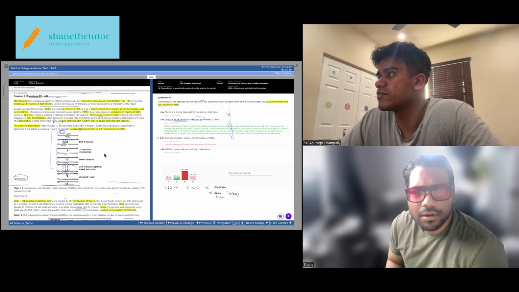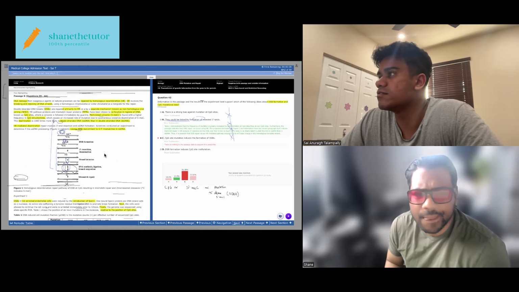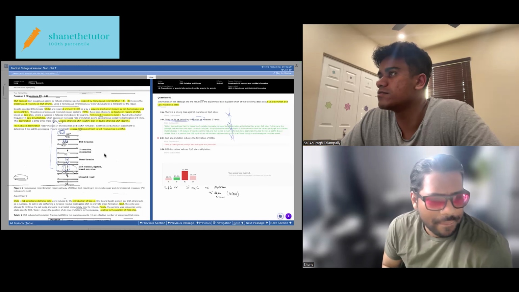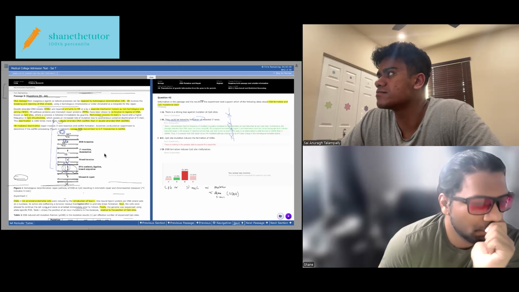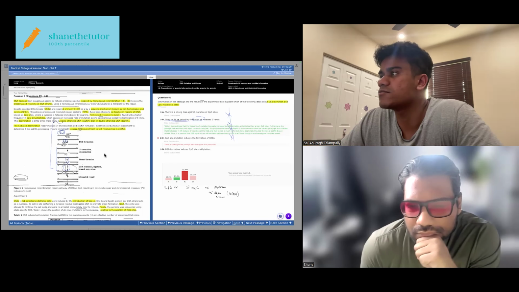It could be linked by formation of resected 3' ends. No idea what that means. I'm not really sure why C wouldn't be the answer.